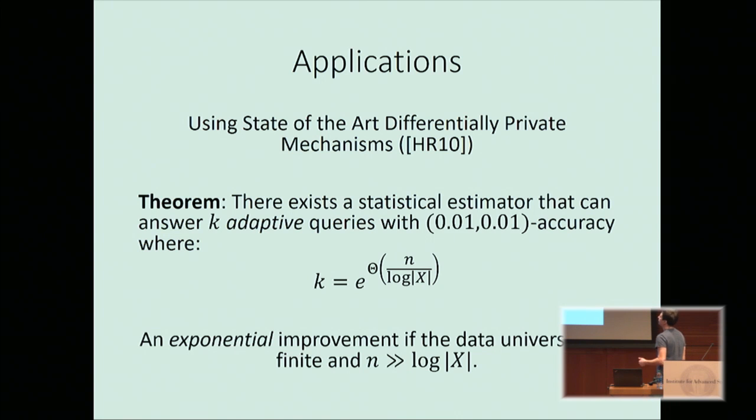But if it's larger than the dimensionality of your data, then we can nearly recover the sort of power that we had for answering non-adaptively chosen queries. We can again answer exponentially many queries. Okay. This is a statement for linear queries. I'm going to talk in a moment about generalizations.